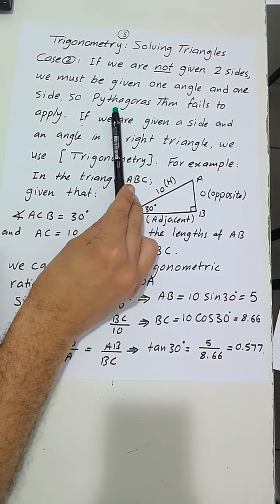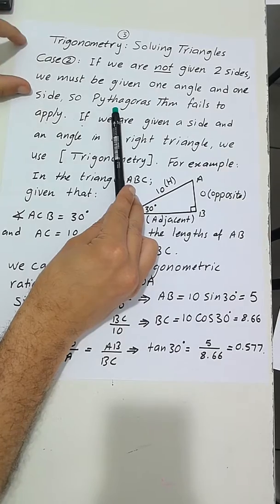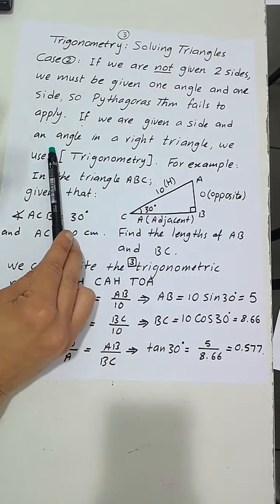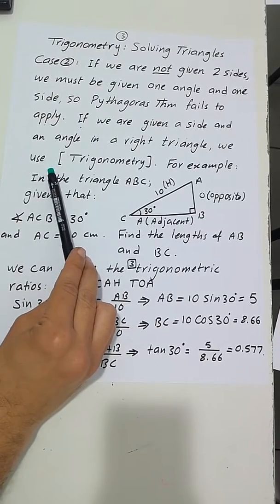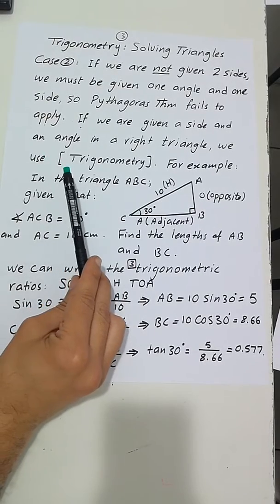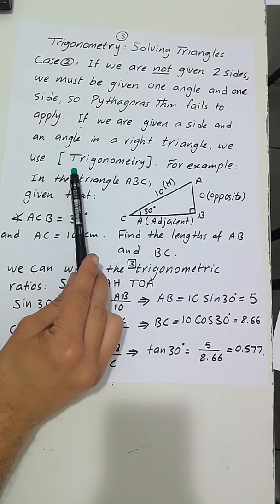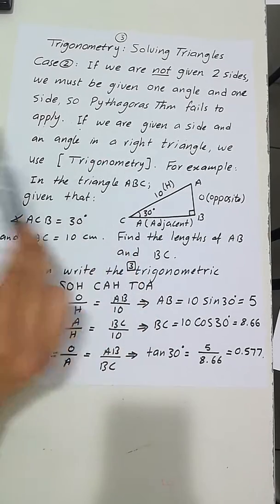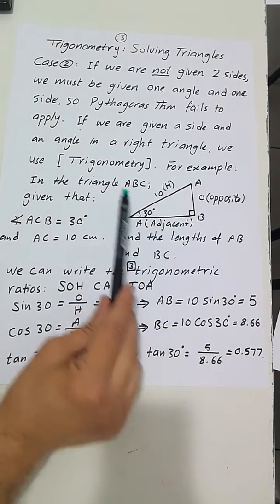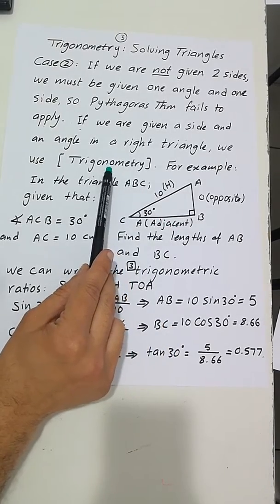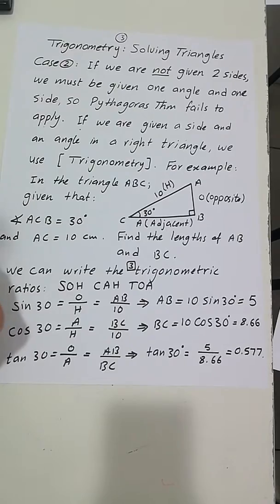So if we are given one side and one angle in a right angle triangle, we need another theorem and another rule to solve it. That is called trigonometry. And I'll show you in a few minutes where this name comes from.